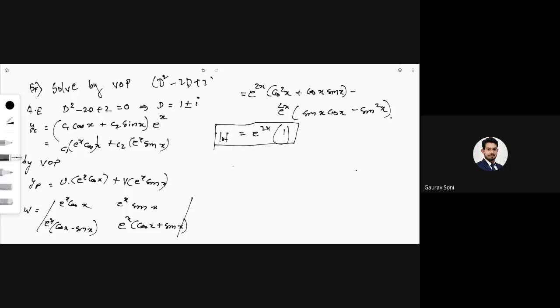Now u is equal to minus integral y2. What is our y2? E to the power x sin x. What is our right hand side? Our right hand side is e to the power x tan x upon the Wronskian, which is e to the power 2x dx. So e to the power x into e to the power x will get cancelled out from the denominator.